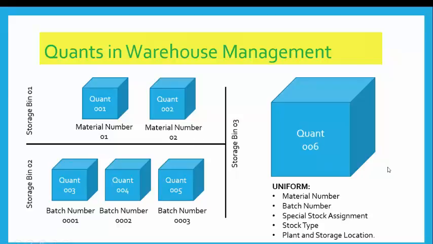Now, the concepts that we've looked at in this presentation give us a very solid foundation for our next session, which is going to be the second part of this video. That's going to be looking at goods receipt processes. We're going to look at our put away processes and the various scenarios that fall under that.